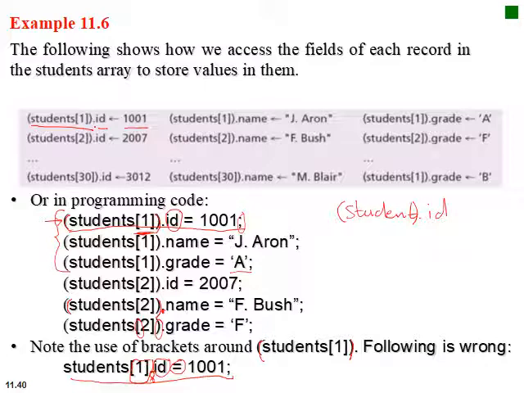Similarly, to read in data for the second record entry, in other words, for the fields stored in the second array entry, we do students2.id, which is assigned 007. Students2.name is assigned f.bush, and students2.grade is assigned the character F.